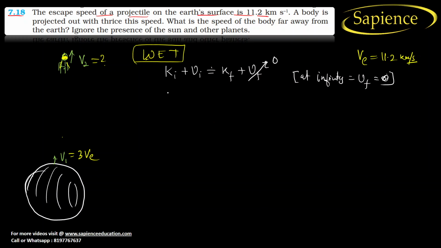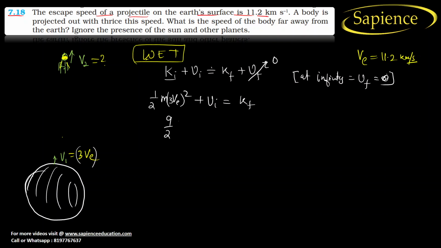Now let us take the initial kinetic energy. The initial velocity is 3 into ve. So the initial kinetic energy is half into mass into 3 ve whole square, plus the initial potential energy Ui, and this is equal to the final kinetic energy. Can we write 3 3 are 9?